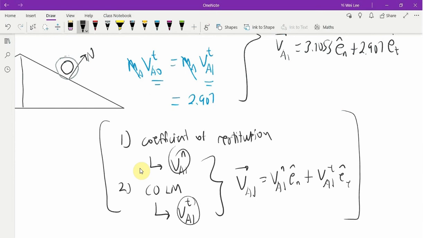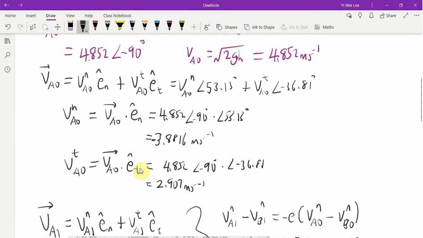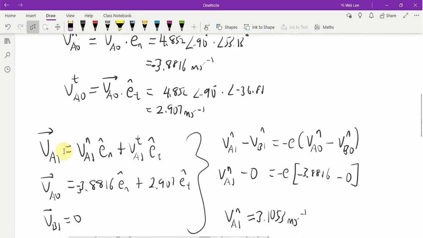However, to employ the coefficient of restitution, we must resolve our initial velocity into a direction normal to the collision plane and a direction parallel to the collision plane. We also must resolve our final velocity after collision into a direction normal to the collision plane and a direction tangential to it.